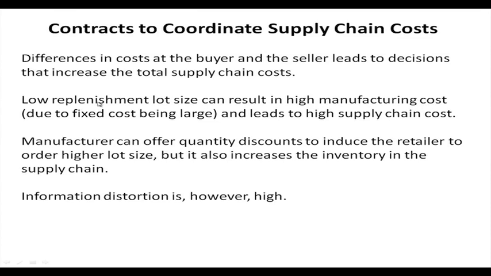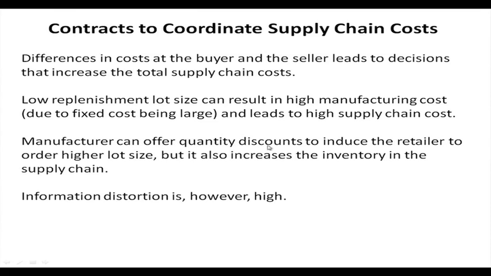So, if the retailer places smaller orders but more frequently, the manufacturing cost will rise due to the fixed cost being large, and this leads to high supply chain cost. So, what can the manufacturer do?